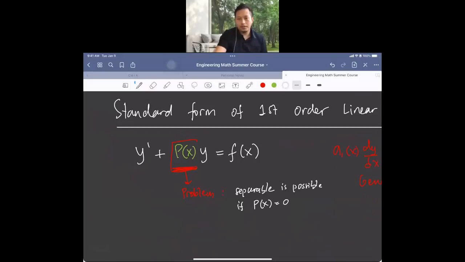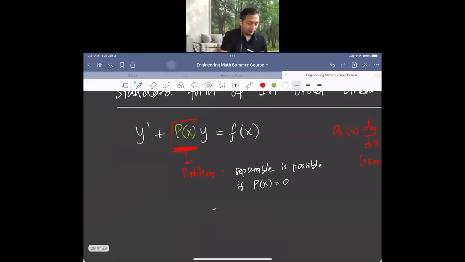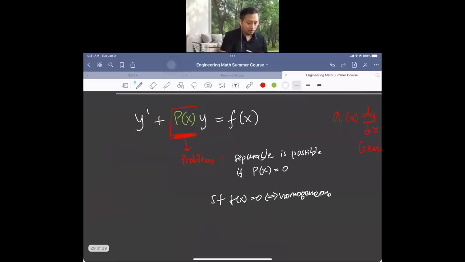Okay. Now, if we are having homogeneous, for example, if f of x is 0, let me write here. If f of x is 0, it turns out to be homogeneous. And of course, it can be solved through separable, right?